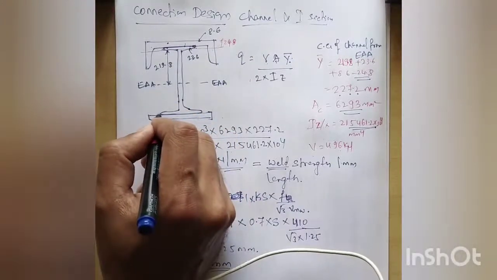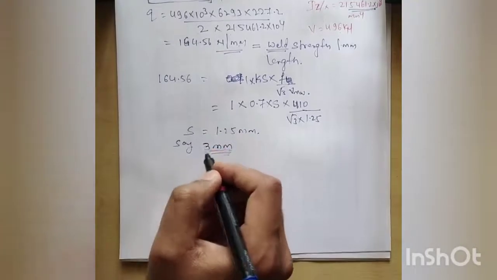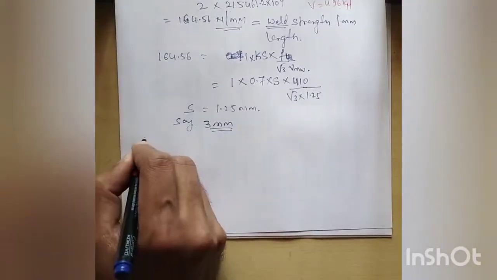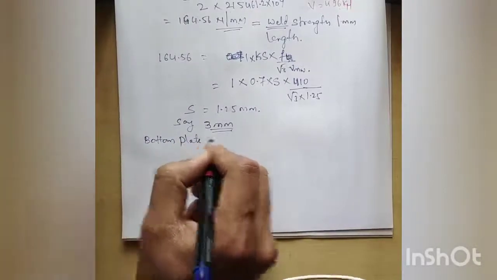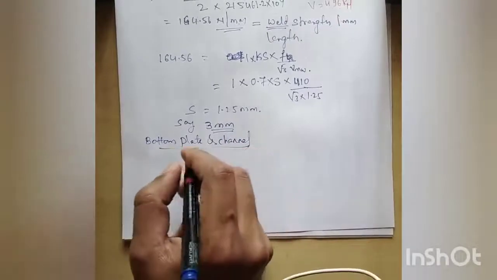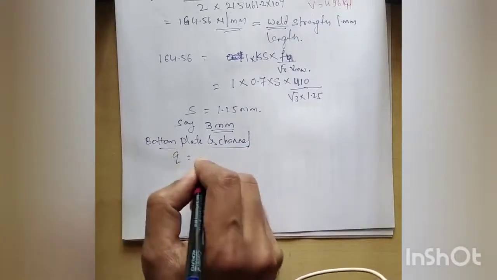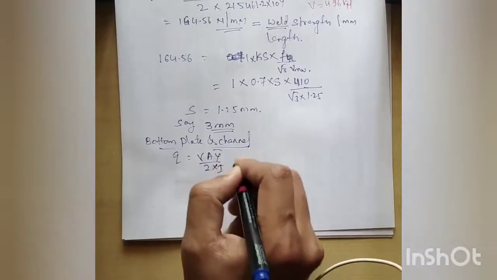Now in the same way we can provide connection between the bottom plate and channel. The formula will remain the same here. Q is equal to V into A into y bar divided by 2 into IZ.